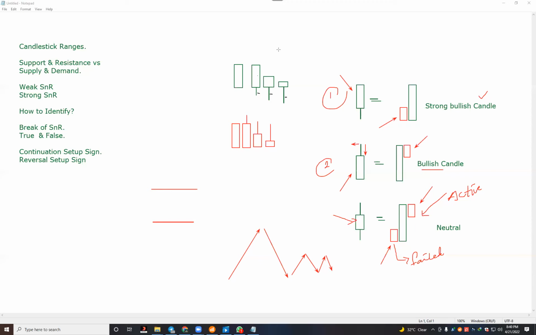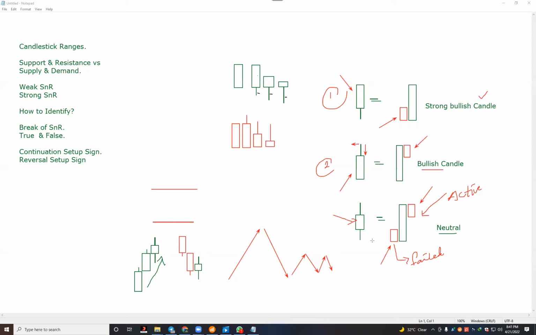For example, we are going in an uptrend, that is the uptrend move, right? There is a candle. This candle is neutral if you are in an uptrend. But if you are in a downtrend, for example, this candle appears at this area, then this is not a neutral candle now.